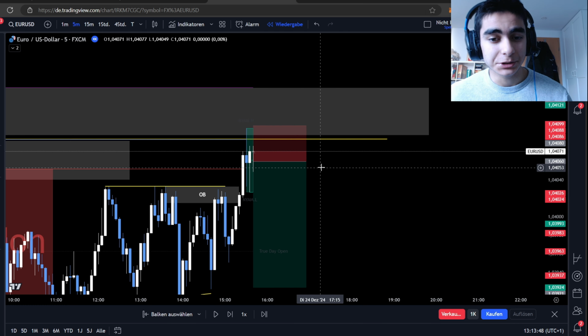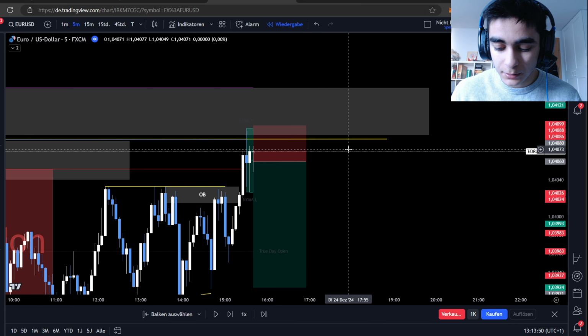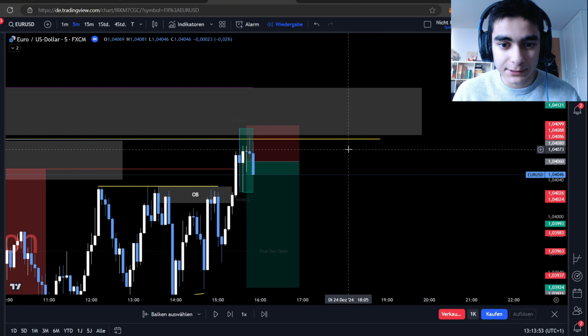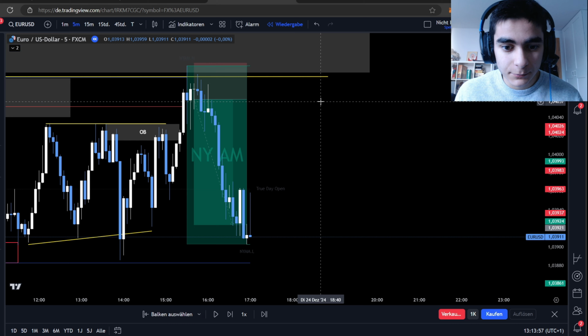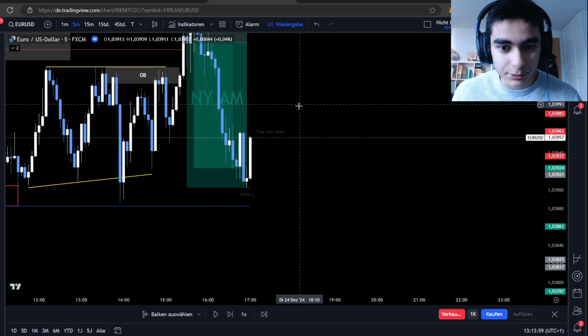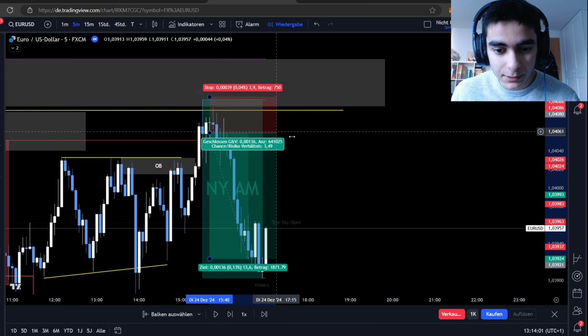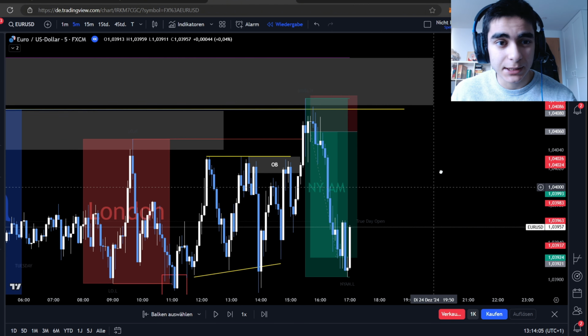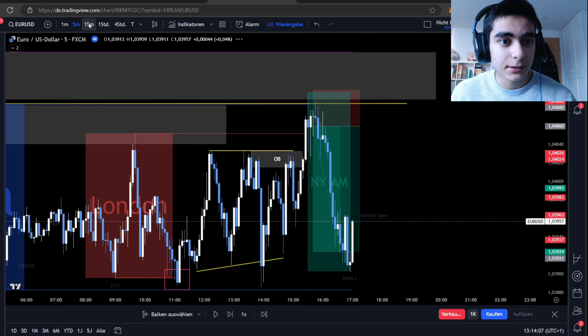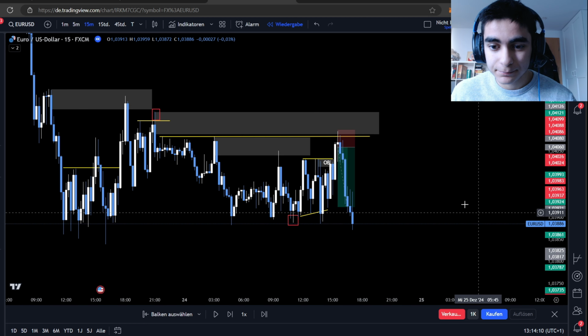A doji candle, which is a reversal candle. So let's see how it's going to happen. Okay, seems like take profit got hit. Yeah. This is a beautiful example. Let's see if we can get one more trade.